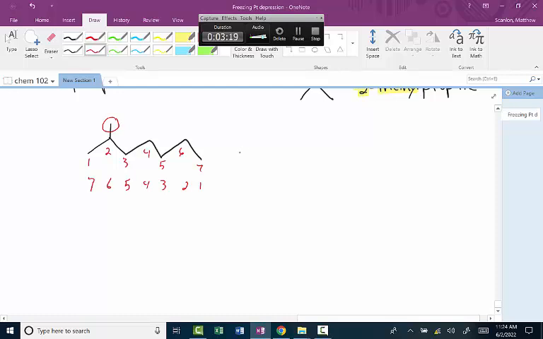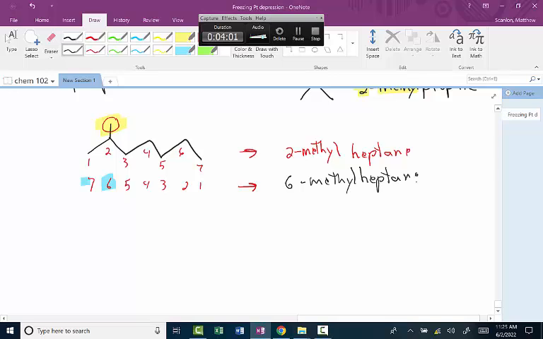And so if I do it this way, 7 is heptane, and I have a methyl group right here that's on the 2nd carbon, and so it would be 2-methyl. There's always a dash between a name and a number. Numbering on this row down here, it's on the 6th carbon, and so it would be 6-methylheptane, and this would be the wrong name.